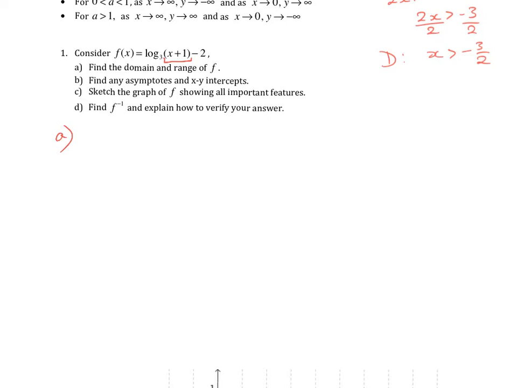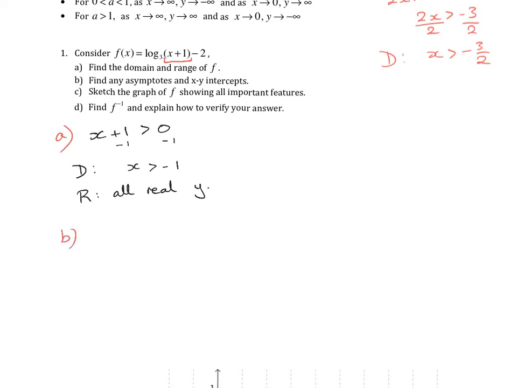Therefore, for the domain, x plus 1 must be bigger than 0. If I minus 1 on both sides, x must be bigger than negative 1. So that there is the domain. The range is all real y, as it is for all log functions.